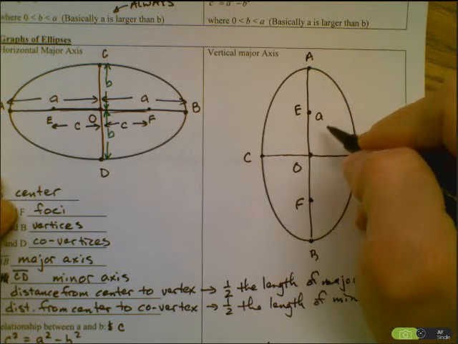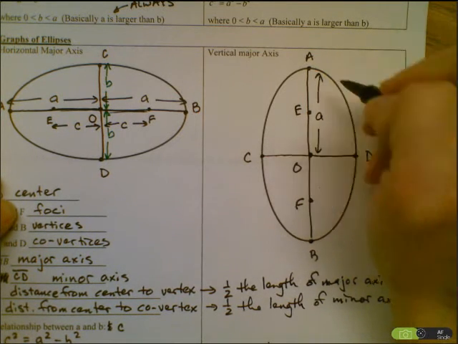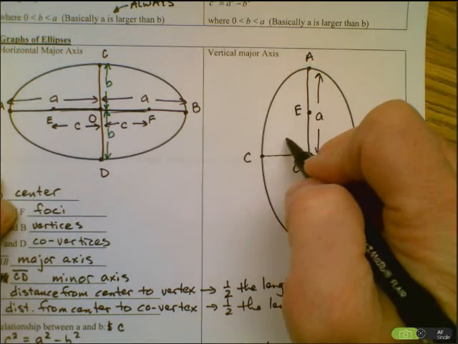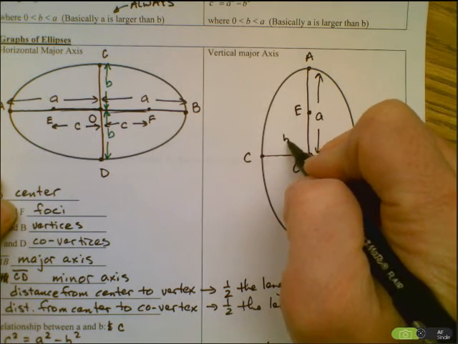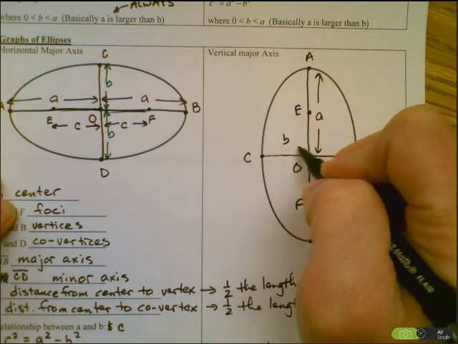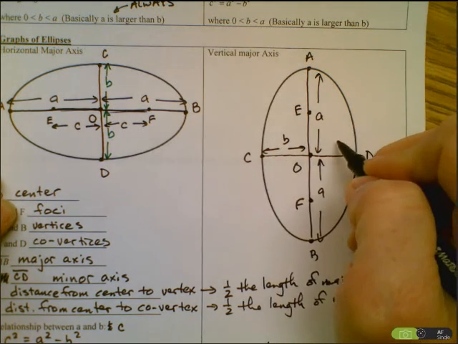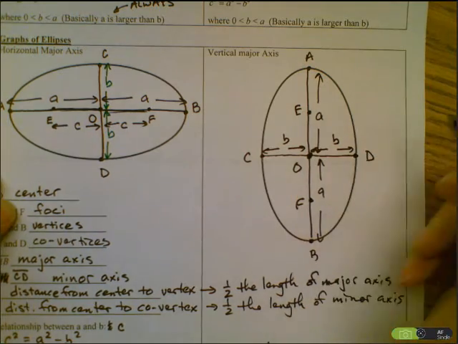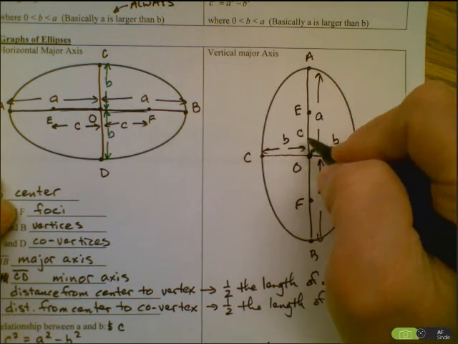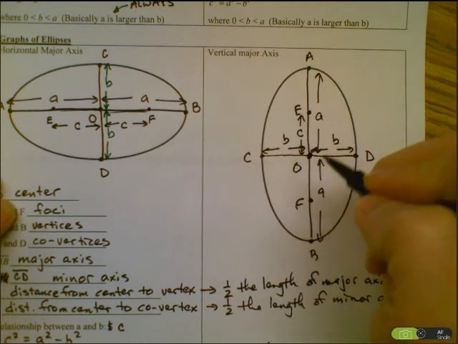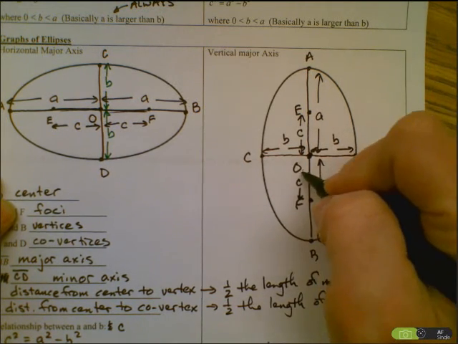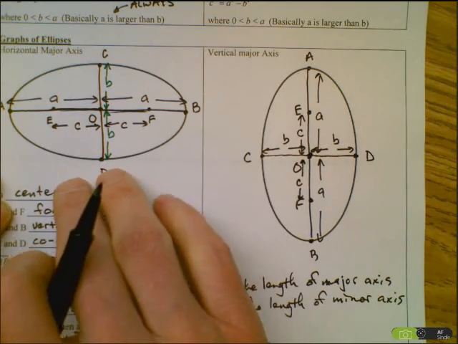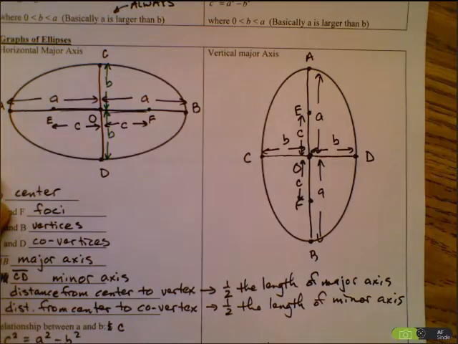So for here, A would go vertical, and B would go horizontal. So B would go from here to here, or from here to here, the distance from the center to the co-vertices, and then C would be the distance from the center to either of the foci. So we're just taking this picture and we're turning it to the side.